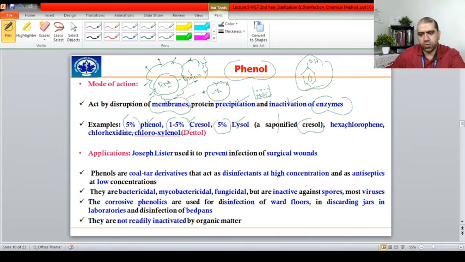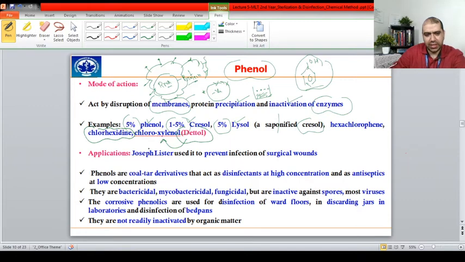Now you also have hexachlorophene, chlorophene, and hexachlorophene. Particularly when you go to the market and want to buy hand sanitizer, it will contain chlorhexidine. And when you wash your hands with Dettol, that is chloroxylenol.